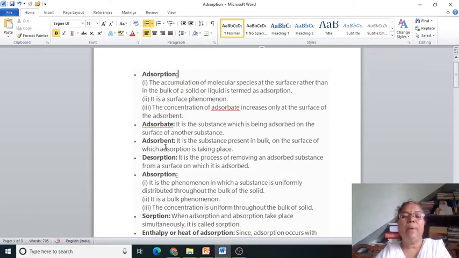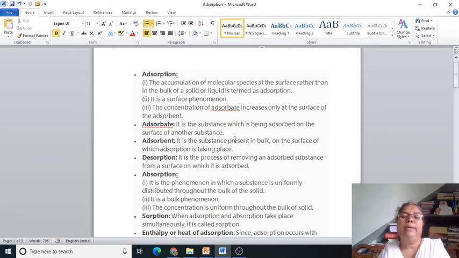Then adsorbent, it is the substance present in bulk on surface of which adsorption is taking place. For example, suppose the adsorption of acetic acid takes place on a charcoal powder. That means in this case the acetic acid is an adsorbate and charcoal powder is an adsorbent.